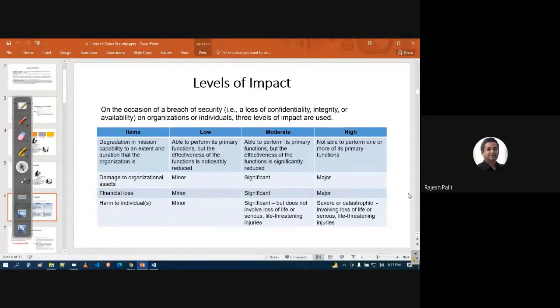The financial loss is the same. Then harm to individuals due to fire and other things: minor harm is low, harm that does not involve loss of life or serious, life-threatening injuries is moderate, but if there are life-threatening injuries, the impact is high.